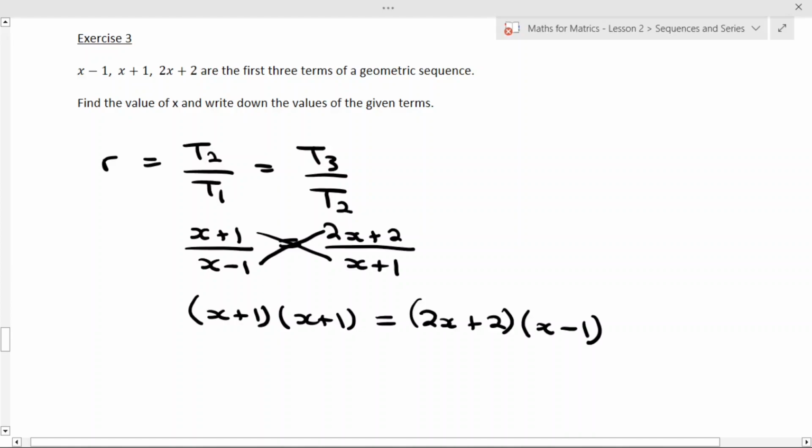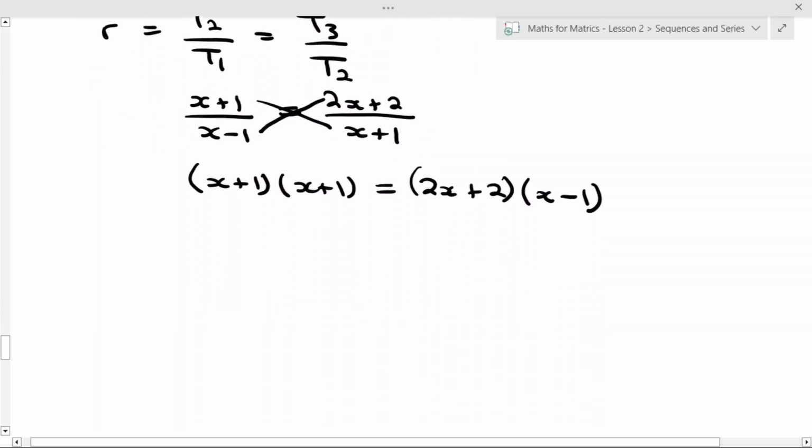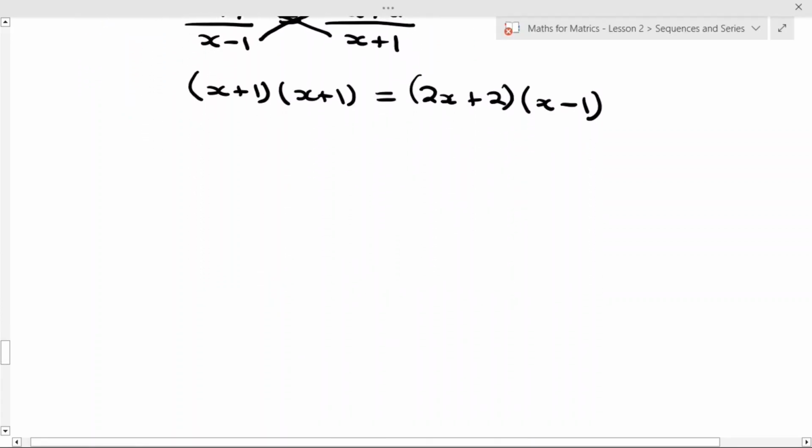We now have x plus 1 in brackets times x plus 1 in brackets is equal to 2x plus 2 in brackets times x minus 1 in brackets. We can now use the FOIL method to expand both sides of the equation.